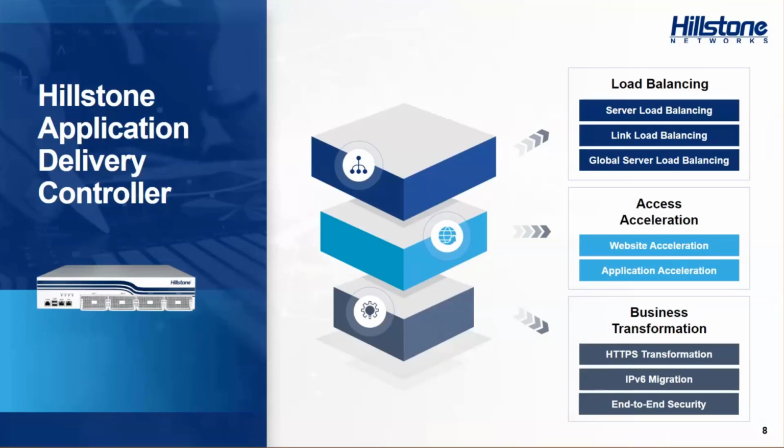It also provides web and app acceleration for enhanced app delivery services. Hillstone ADC also supports HTTPS transformation, IPv6 migration, and delivers end-to-end security. In the following slides, we'll have a more in-depth look at all of these features.